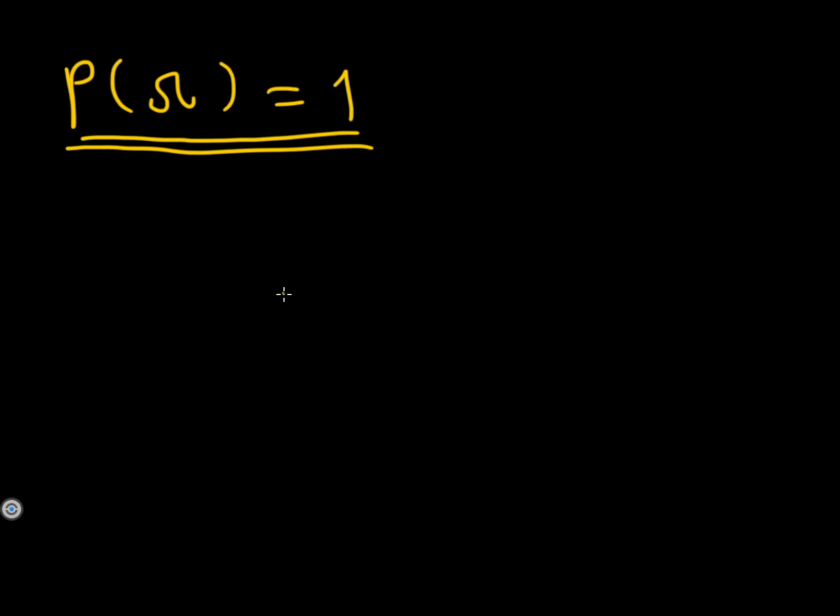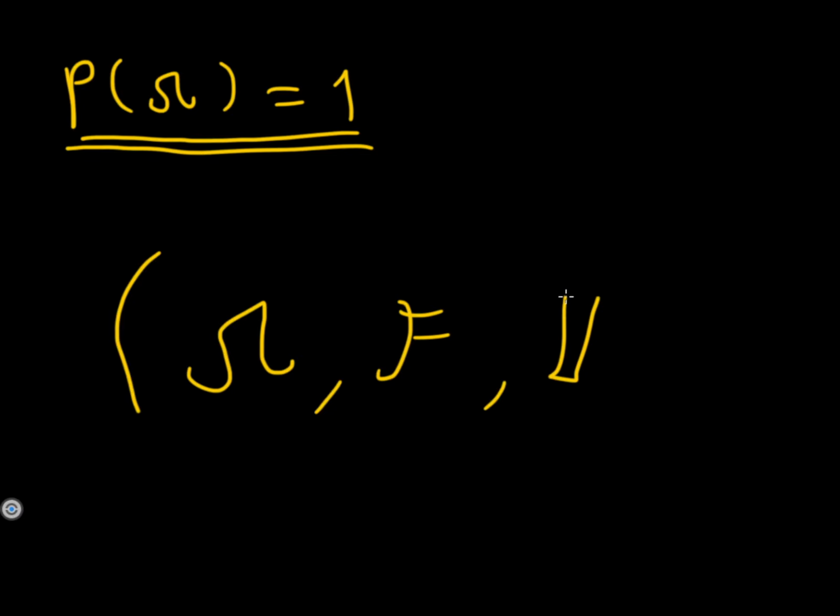Now that we have the measure, the sigma algebra, and the space, or omega, we can form this notation, which we see a lot. This notation denotes our working grounds, this being our probability space, this being our sigma algebra, and this being our measure.